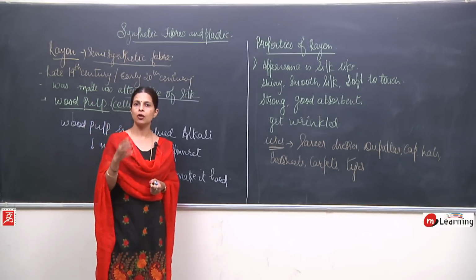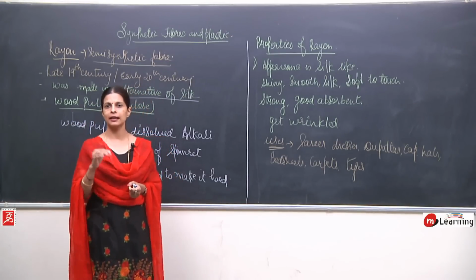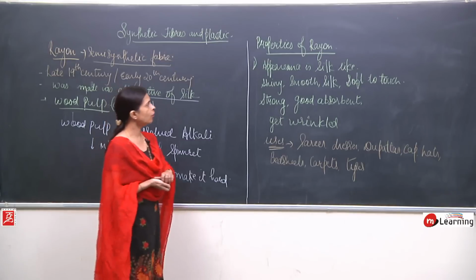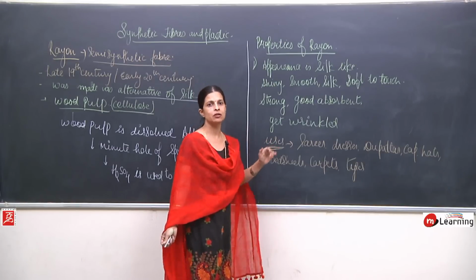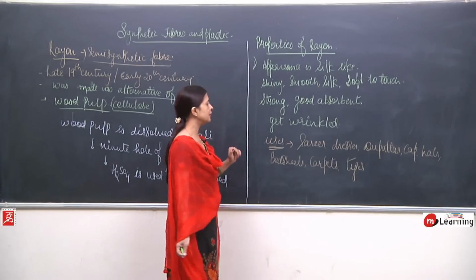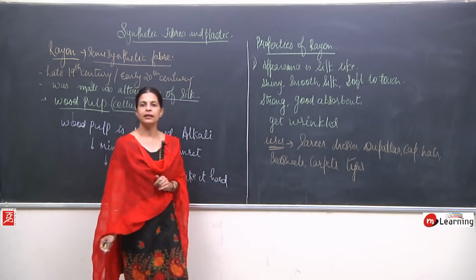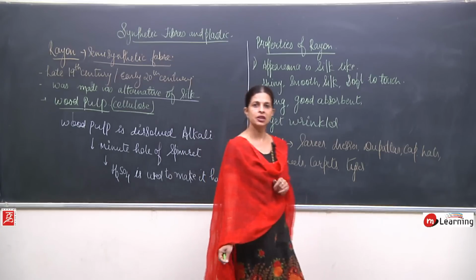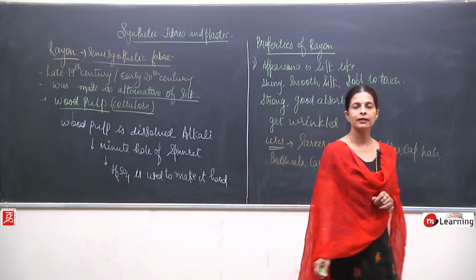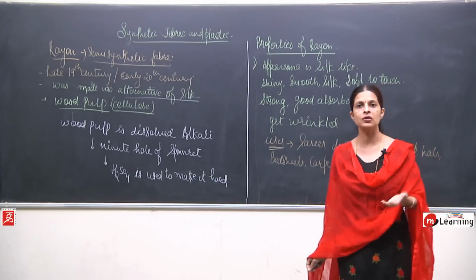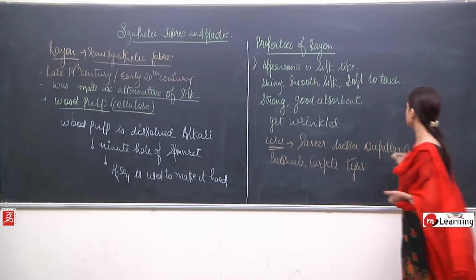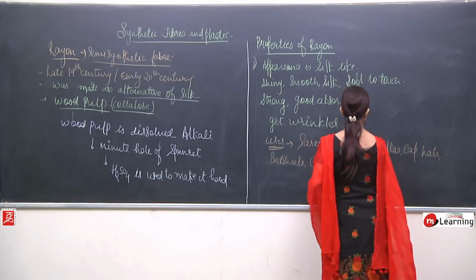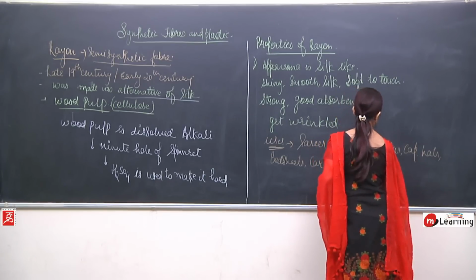Now, along with that, we'll talk about certain synthetic fibers' particular characteristics, so that we talk about them all together at the end of the chapter. So for now, all these are the main characteristics or properties of rayon, and these are the uses. As this is a cheaper alternative to silk, it can be used in various places. It is even used to make bandages.